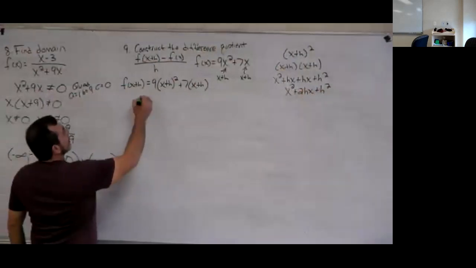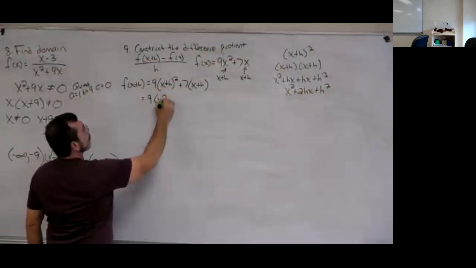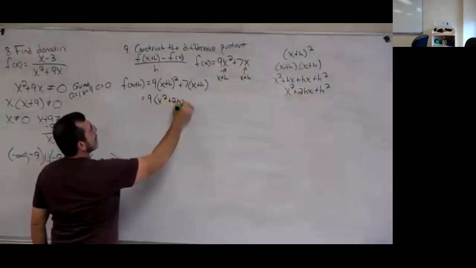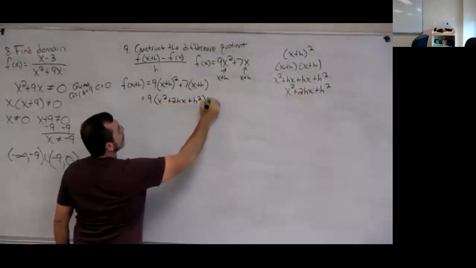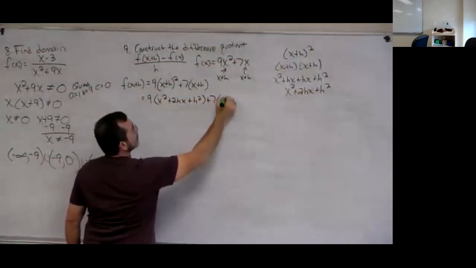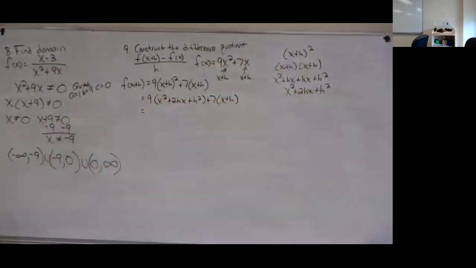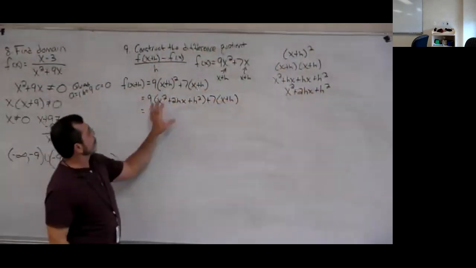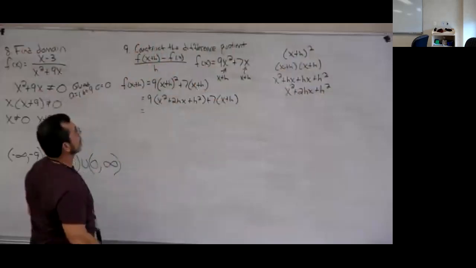So now let's plug that in. That gives me 9 times x squared plus 2hx plus h squared plus my 7 times the x plus h. All right, so the last step I'm going to do is distribute everything, and then I'm going to put it into my big formula.